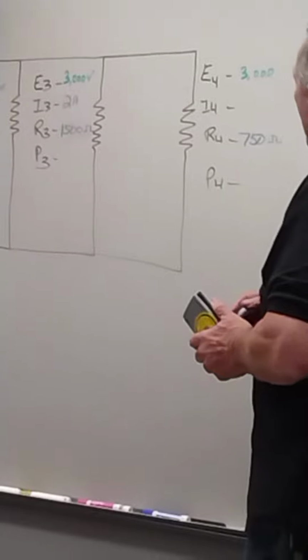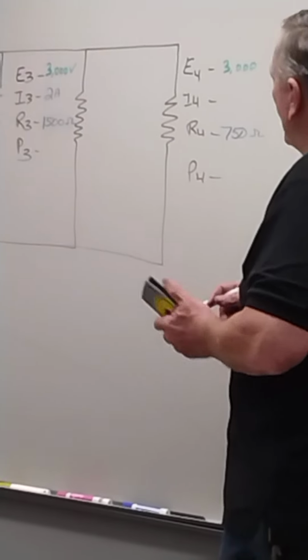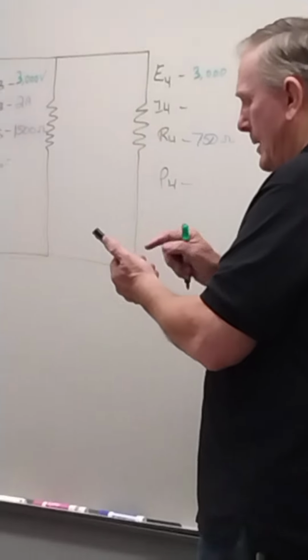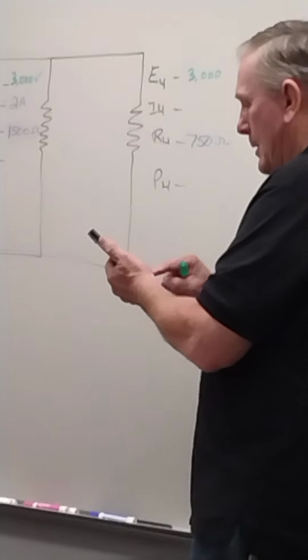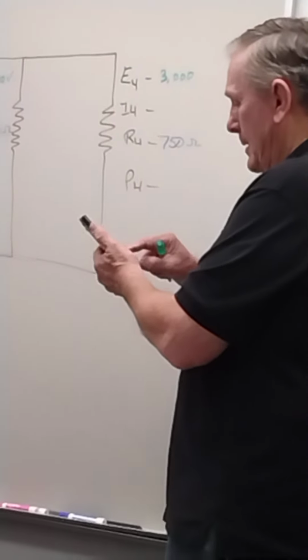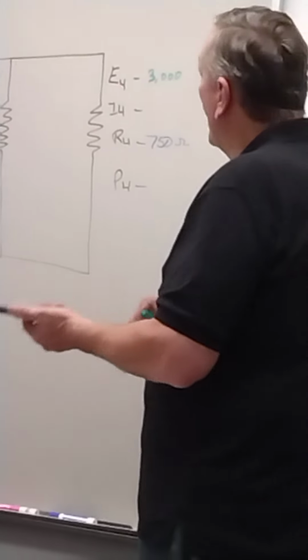I'm going to figure the current in branch number 4. So this is 3,000 divided by 750 equals 4. So this one's got 4 amps.